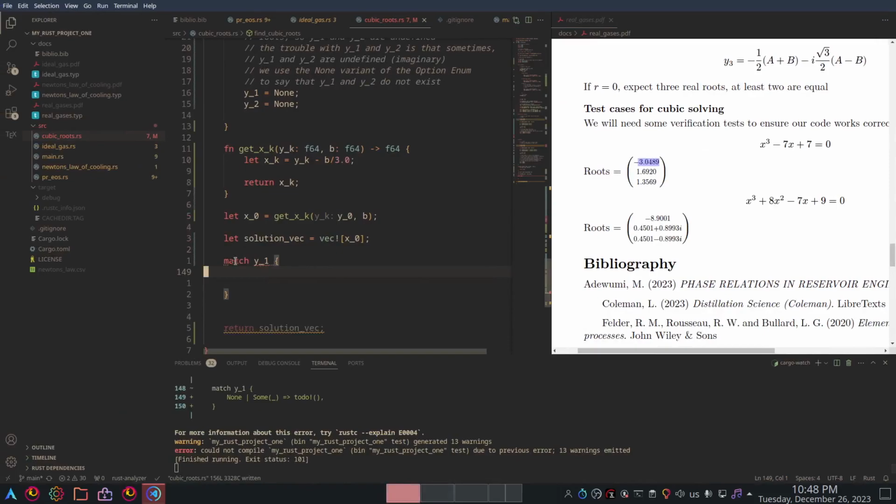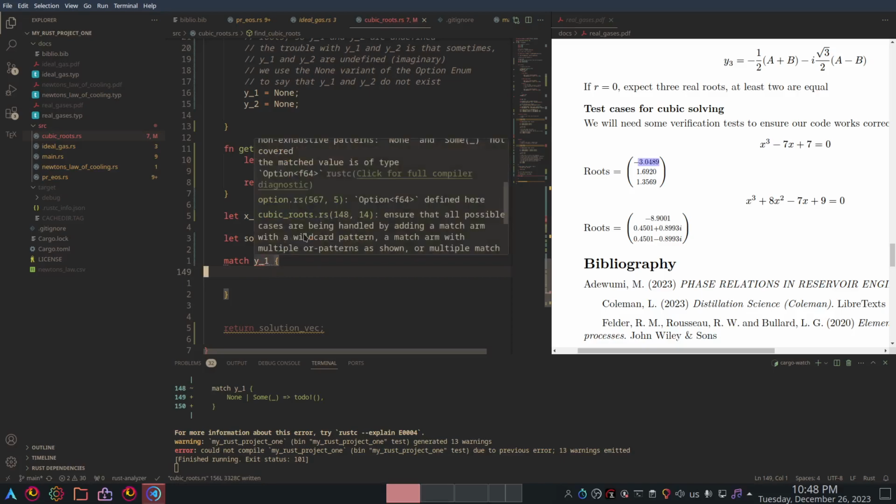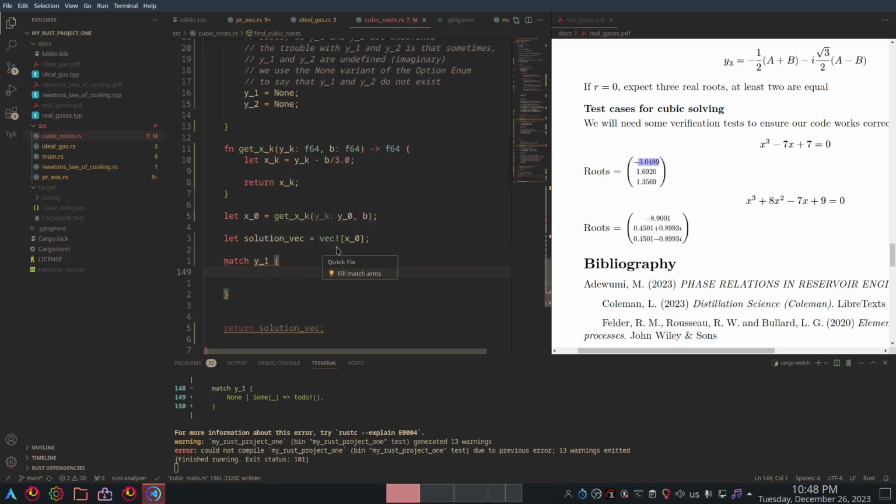Actually, I was looking for the quick fix. I forgot where that was because I haven't used VS Code in a while. But yes, I'll use one of the quick fixes right here, and this will be called fill match arms.